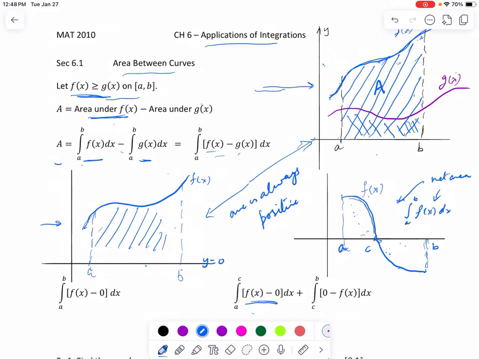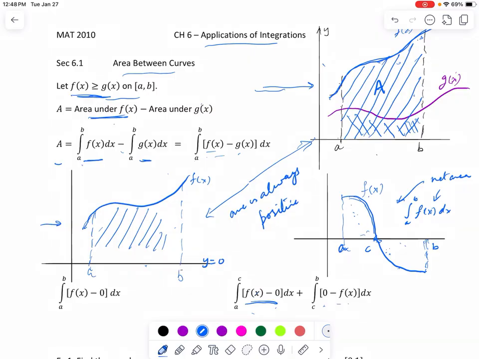But in the second portion of this interval, from c to b, we have the x-axis above and the function below. So we can write it as 0 minus f of x from c to b.